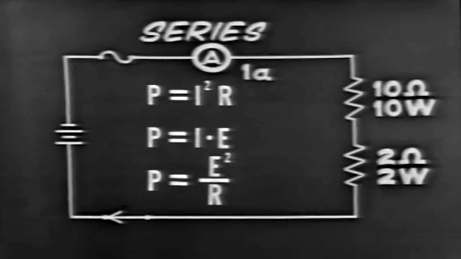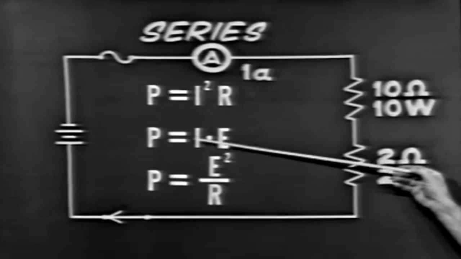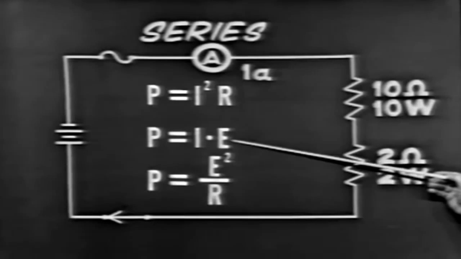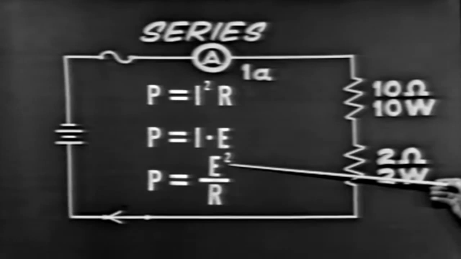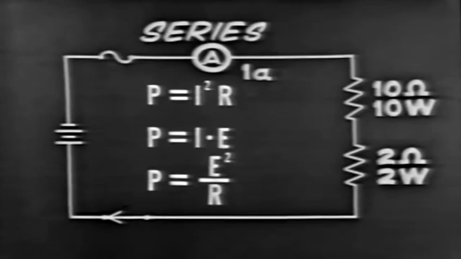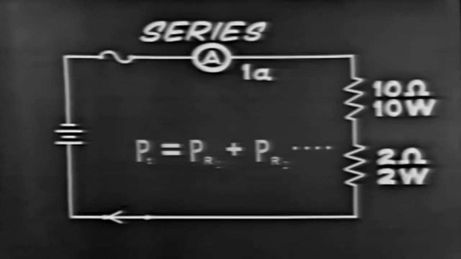As these formulas indicate, the amount of power dissipated is directly proportional to current and directly proportional to voltage. Any of these formulas can be used to find the power dissipated by a resistor in a series circuit. The total power dissipated in a series circuit can be found by adding the power dissipated by each component.